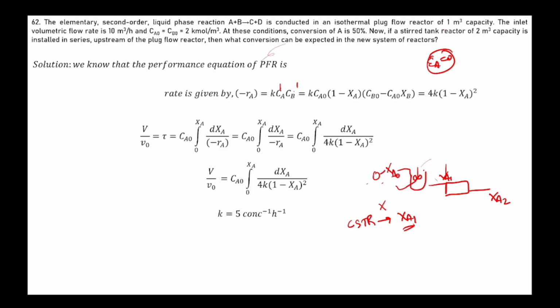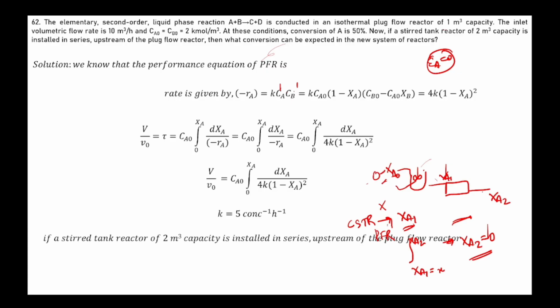Then again we have the performance equation of PFR, integrating from XA1 to XA2, and we will find out XA2. So it is your job to find out the new conversion in this new system. Okay, it is very easy.